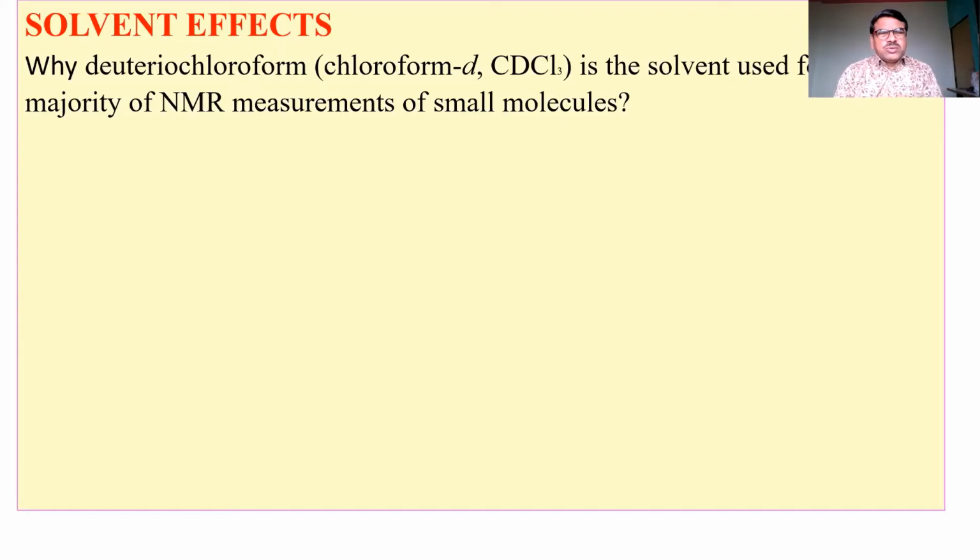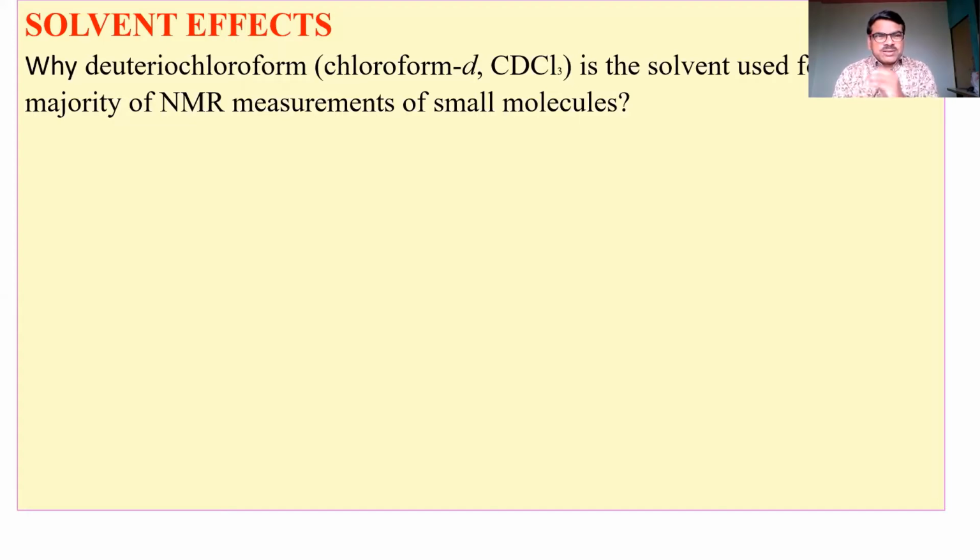So why do we have to use the deuterated solvent? Instead of CHCl3, why do we have to use CDCl3? The reason is well known to you, because CDCl3 does not have any hydrogen. Therefore, it will not interfere in the NMR spectra of any organic compound.